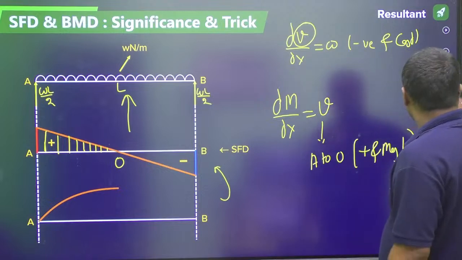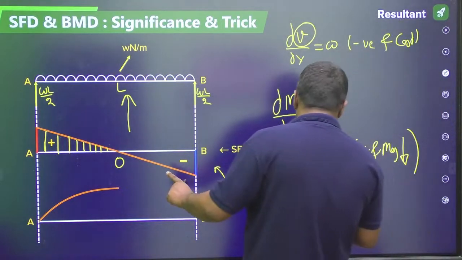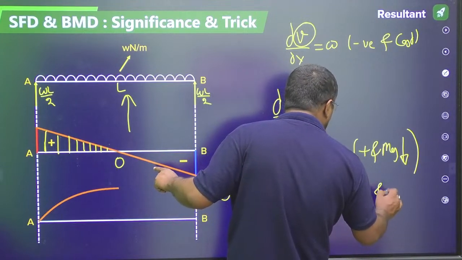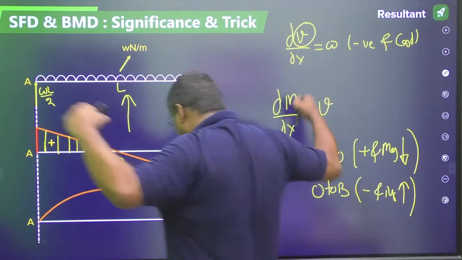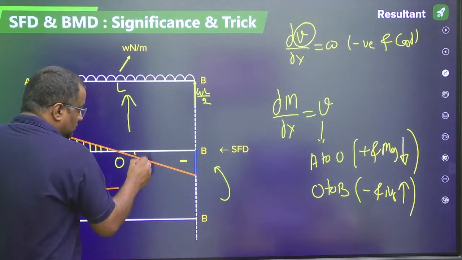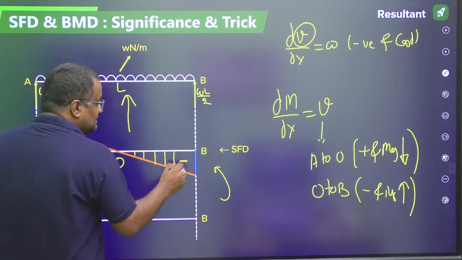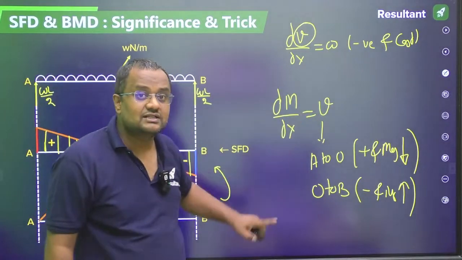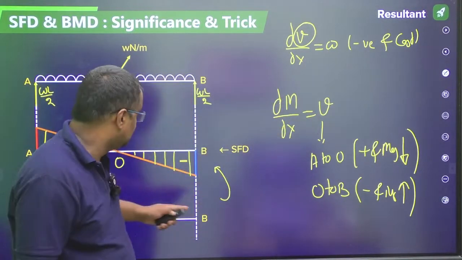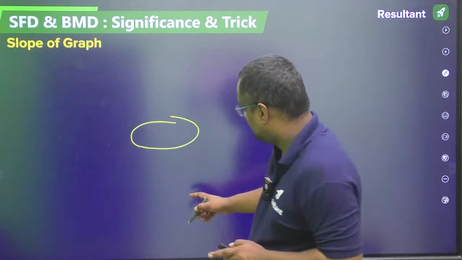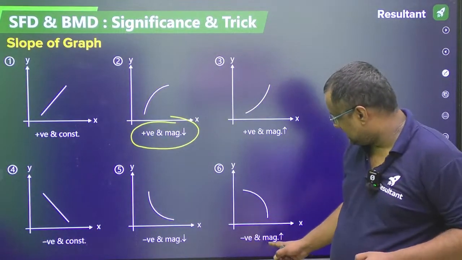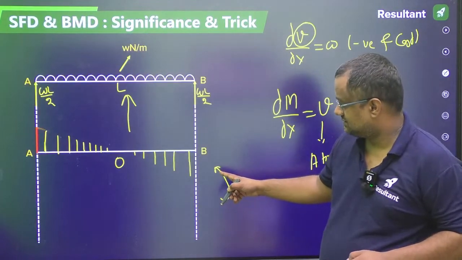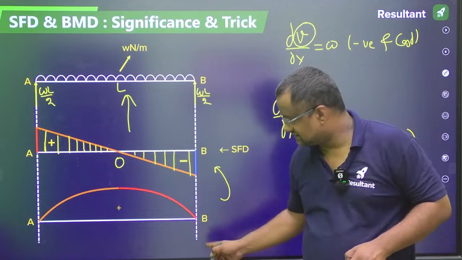Now after O, from O to B, shear force is negative and increasing in magnitude. So bending moment slope is negative and increasing, graph number 6. So graph number 6 is like this.